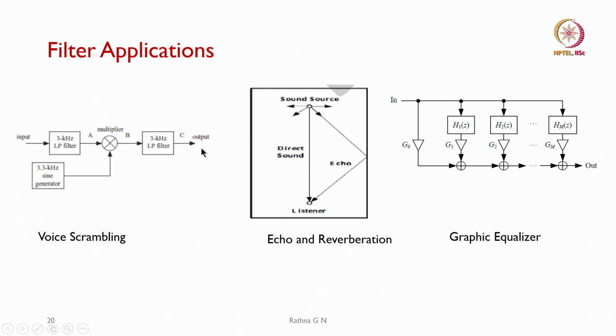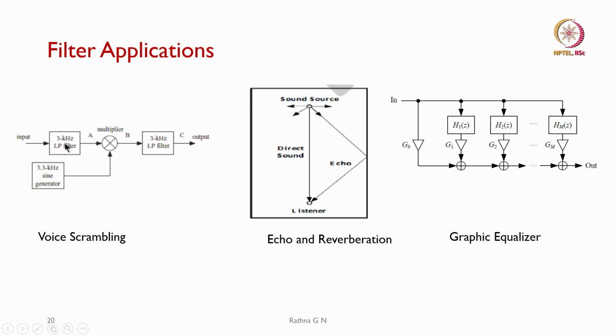The other filter application we saw was in scrambling. If you want to scramble your speech or audio and protect it, we took an example of a 3 kilohertz low pass filter and a 3.3 kilohertz sine generator.